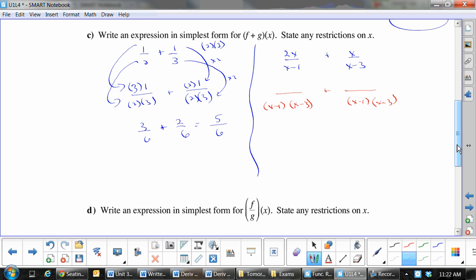Now, you can see the bottom: to get x minus 1 to x minus 1 times x minus 3, I had to multiply by x minus 3, right? So I'm going to do the same thing to the top.